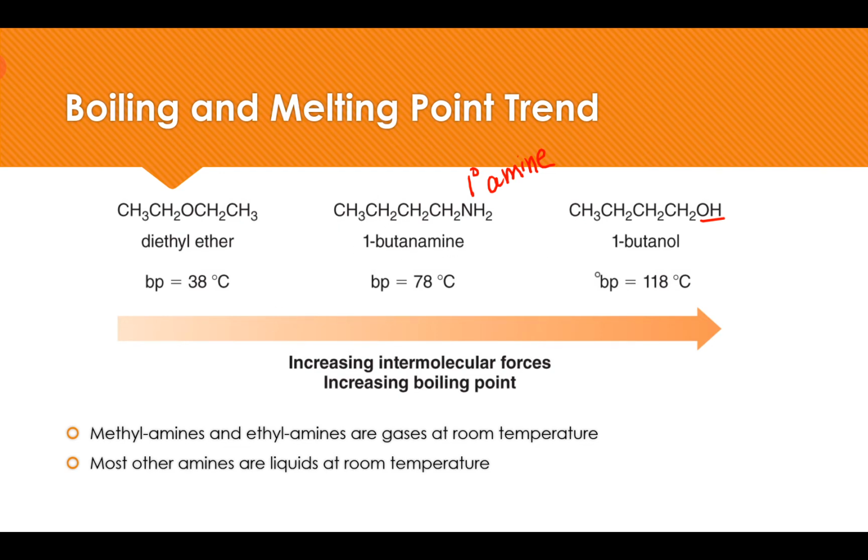Because of this trend in melting point or boiling point, most amines are liquids at room temperature, but there are some very lightweight amines that are gases at room temperature. Remember that anytime you exceed the boiling point, then you are a gas.